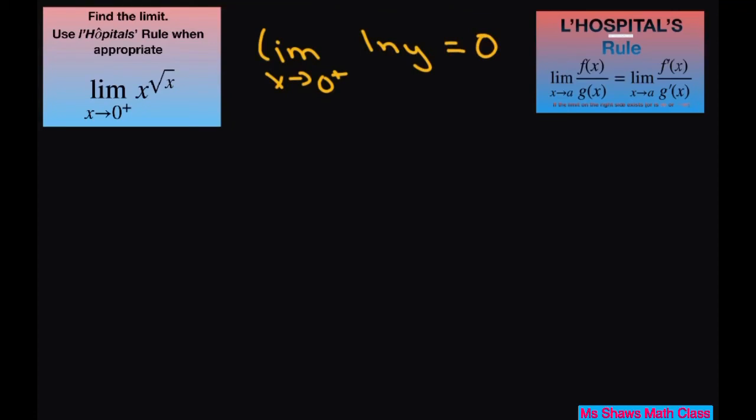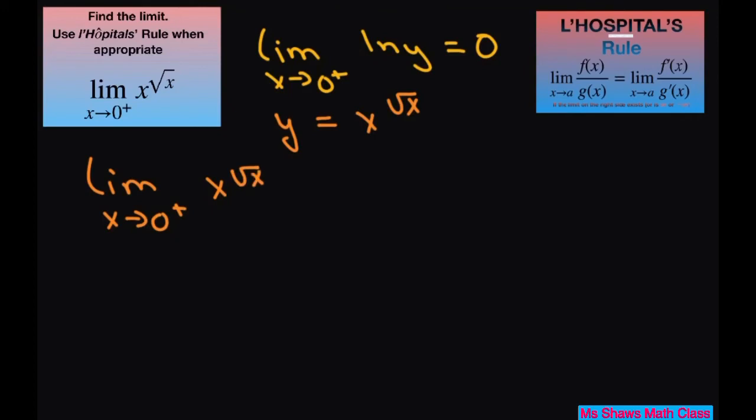We also know that y equals x to the square root of x. So when you look at this, we want to take the limit as x approaches 0 from the right of x to the square root of x.